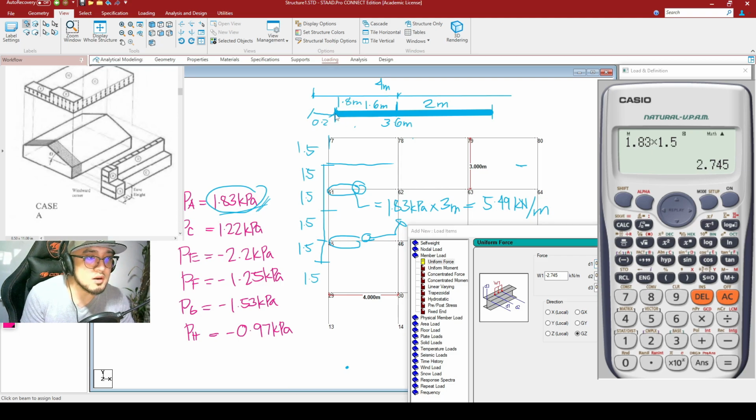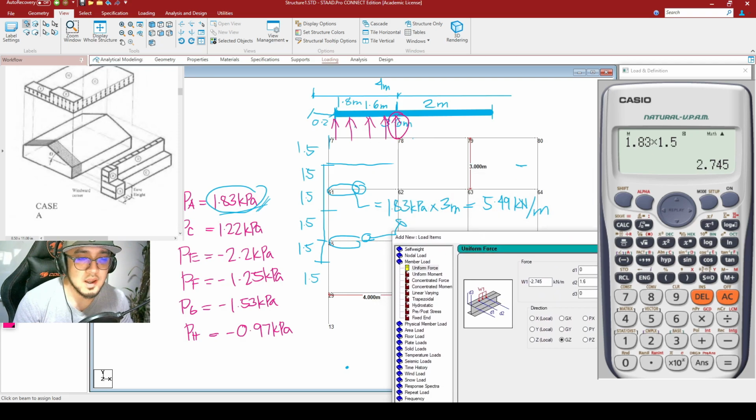I'm sorry. So our load would be starting here, and it should end here. So meaning that our D1 is to be 0. So that is to be the starting point. And the end point should be 1.6, since it would be ending at this portion.